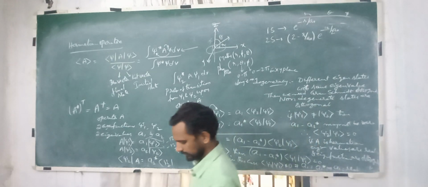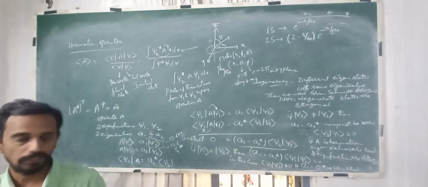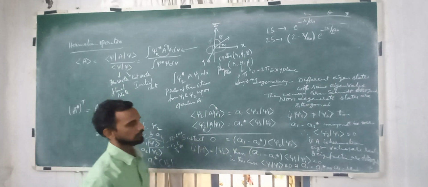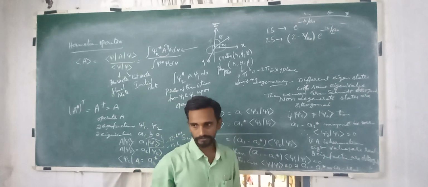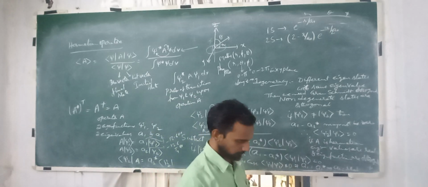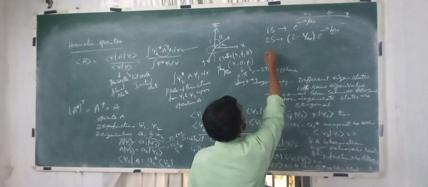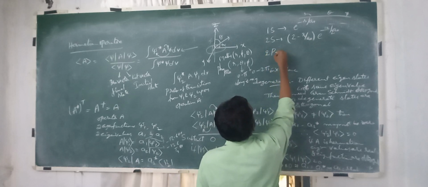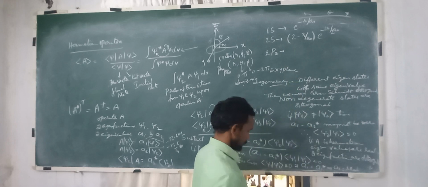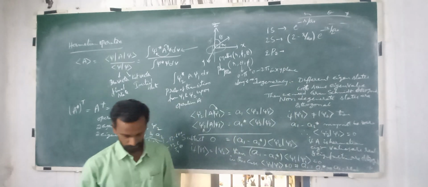So this is also depending only on r. There are no theta or phi components. Third one is 2p set.